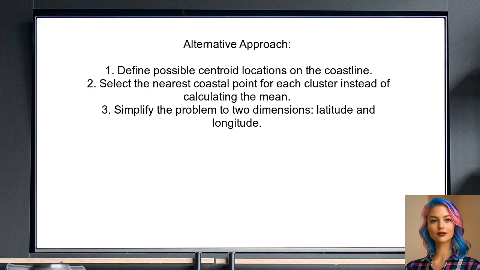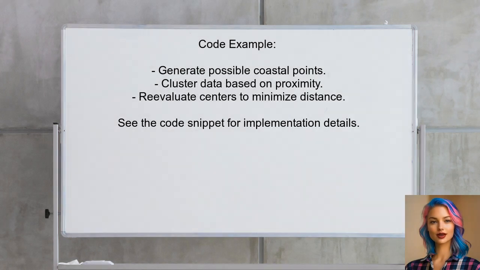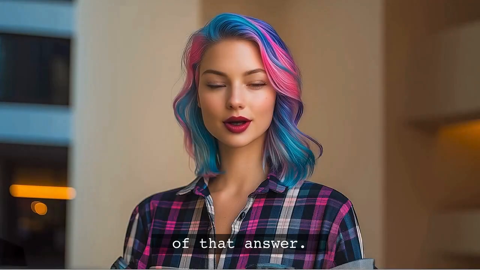This method simplifies the problem by focusing on two dimensions, latitude and longitude. The user provides a code example that demonstrates this method. It includes functions to generate possible points, cluster data, and reevaluate the centers based on proximity to the coastal points. The goal is to minimize the total distance to these points. That's the end of that answer.